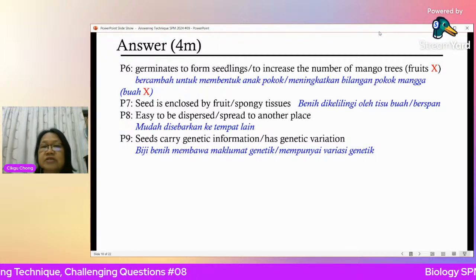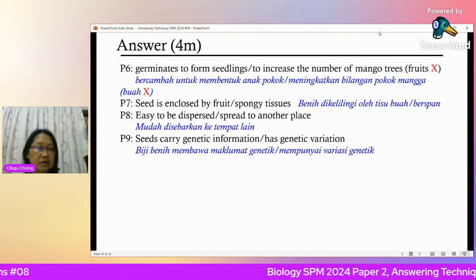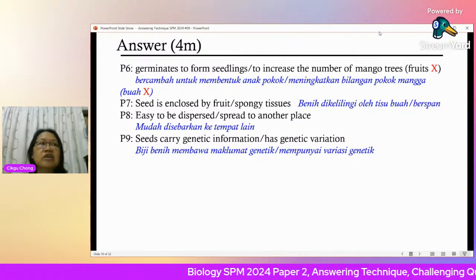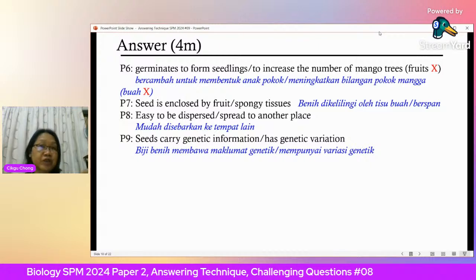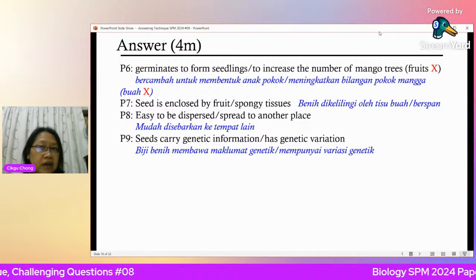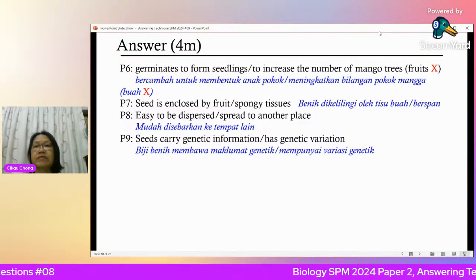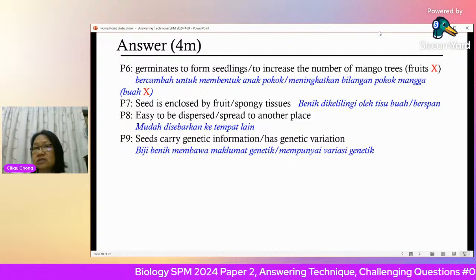And the next generation will have variation because this is sexual reproduction. When you plant the seed, you cannot get 100% the parent because there is variation. If you plant a plant from the seed, you cannot guarantee it's 100% from the parent, exactly the same features. Just like you and your parent are not the same.